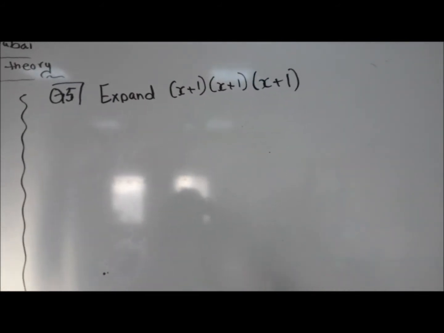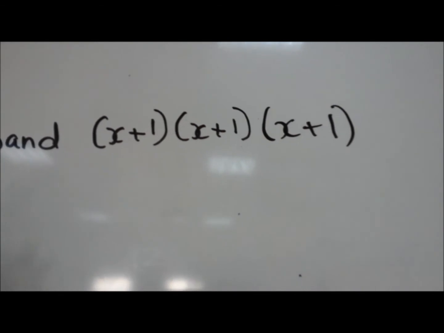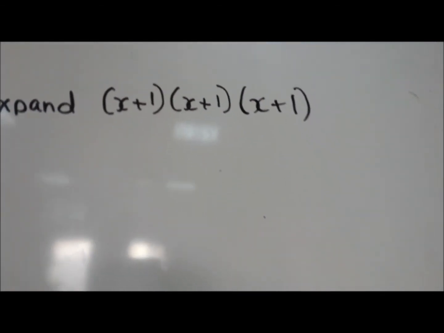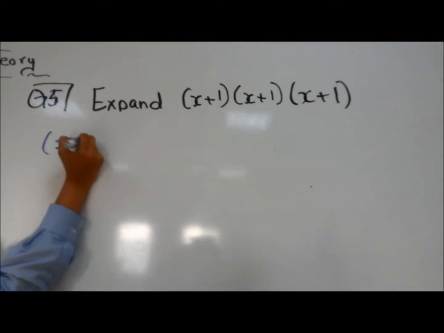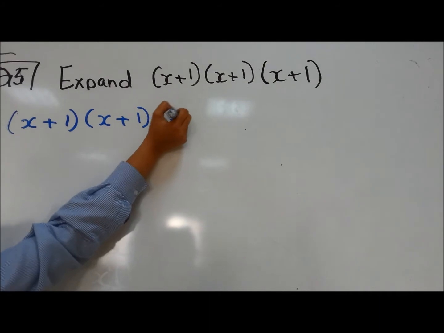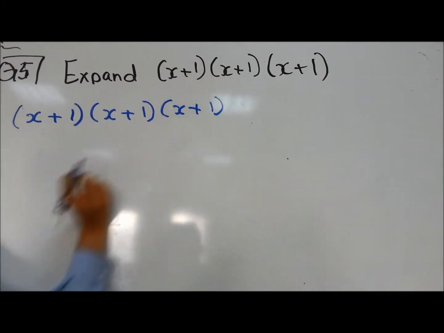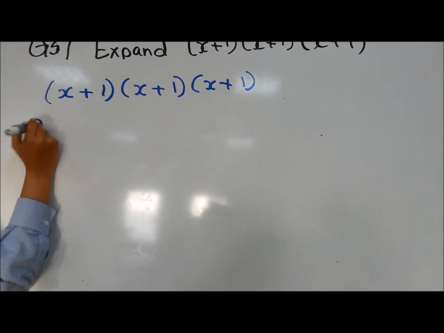The fifth question is just the same as the previous one, but here we're going to expand it 3 times. So as we did, we'll use the distributive property first. We multiply these first, and we'll get the same result.